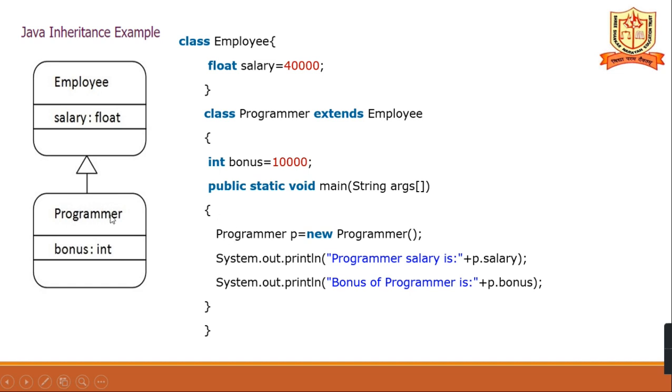So programmer is a subclass. Programmer p equals new Programmer. Then System.out.println to print this, we are using p.salary. Using this object, we are printing the superclass variable as well as the subclass variable. Is it clear? So this is the example of inheritance.